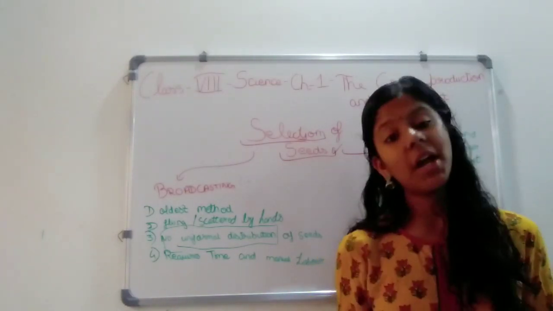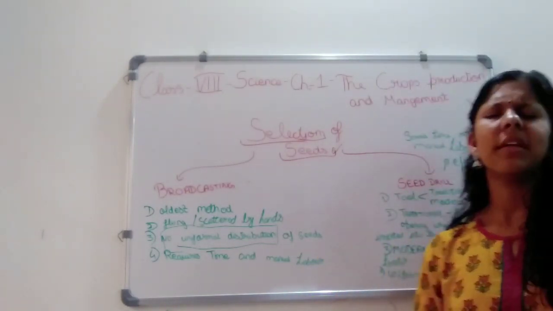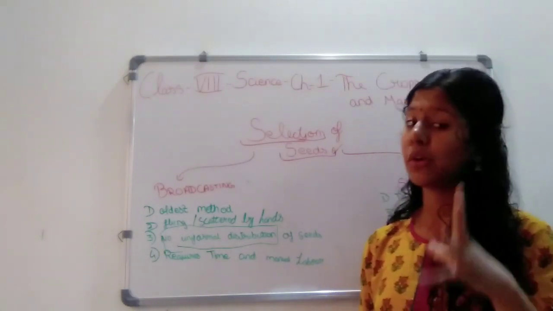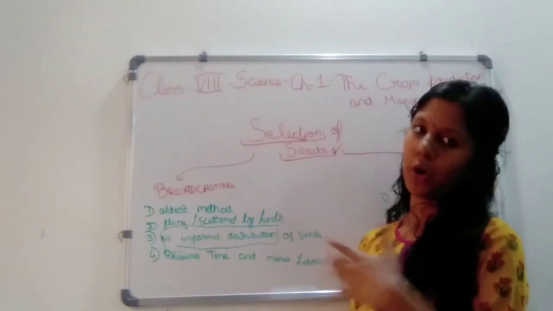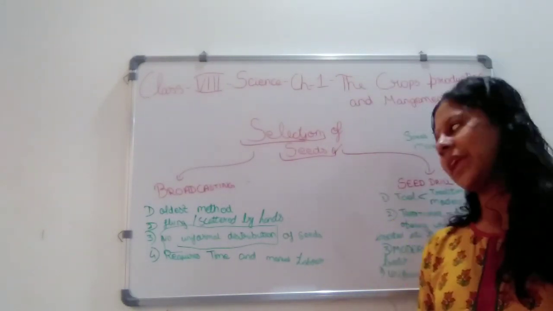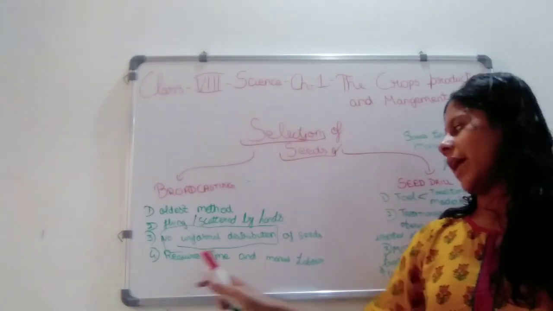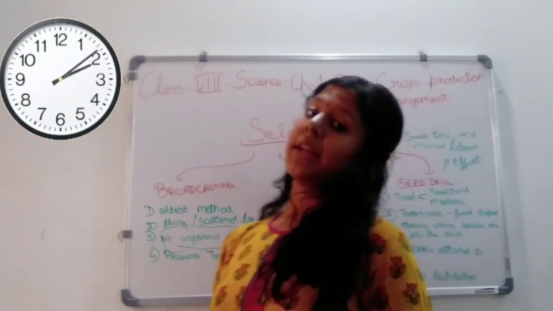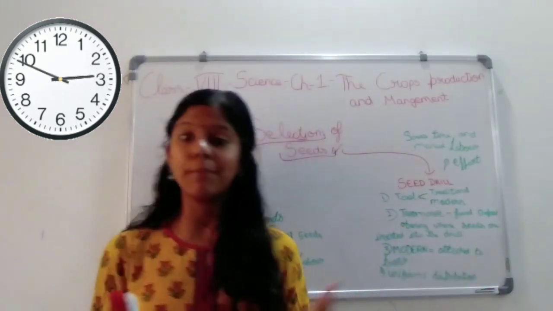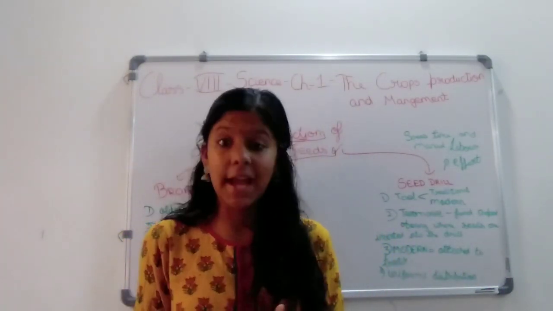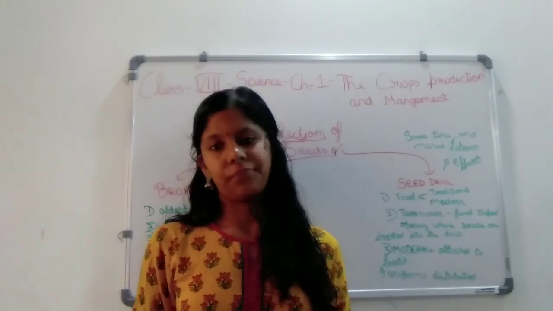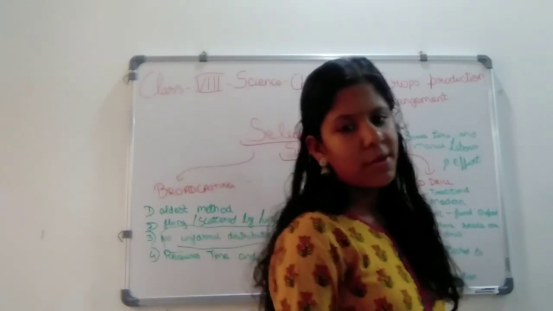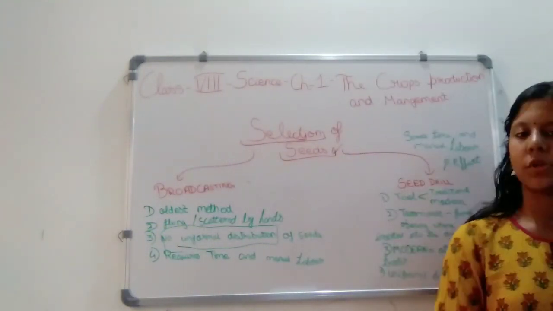So there are rare chances that seeds grow by the broadcasting method. Next is required time and manual labor. It requires a lot of time, and you should have manual labors.